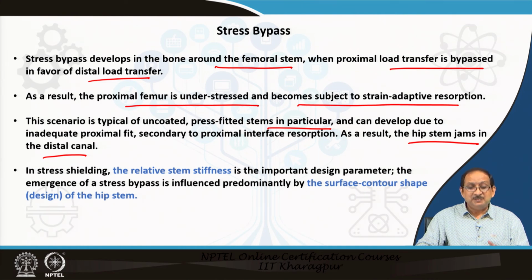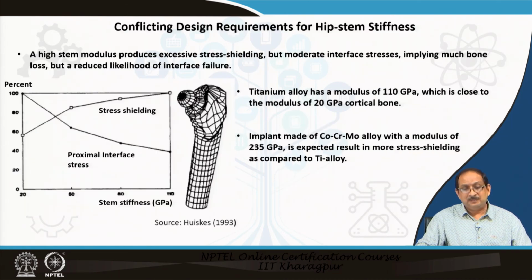Now, many of these cementless hips are likely to subside and jam distally, promoting stress bypass. In stress shielding, the relative stem stiffness is an important design parameter. The emergence of stress bypass is influenced predominantly by the surface contour shape or the design of the hip stem.